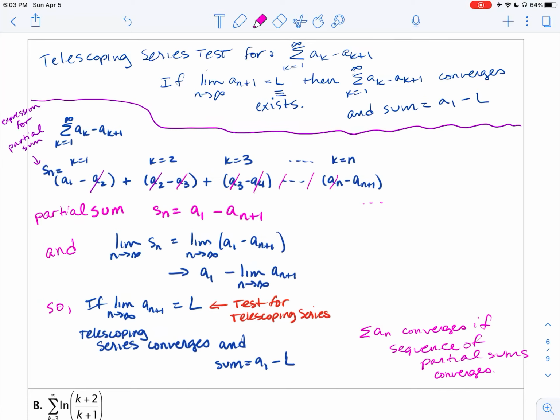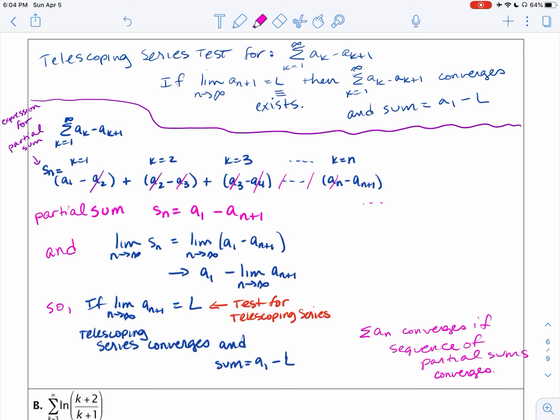If we have a telescoping series, and we'll just take the first form, a_k minus a_{k+1}, and if the limit of the second term, a_{n+1}, exists, in other words, if it converges to a limit L, a finite number, then your telescoping series will converge, and the sum of that series will be a_1 minus L. So here's the reasoning behind that.